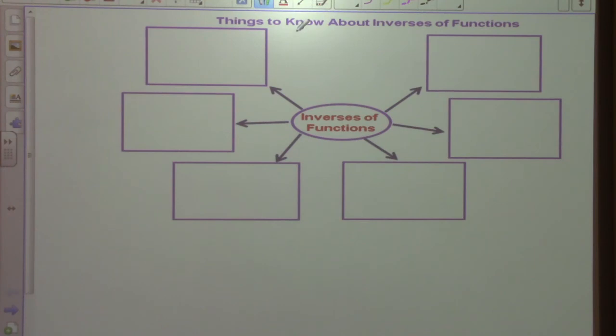Okay, first thing I'm going to put down here is inverse function notation. It's going to be f⁻¹ of x equals something.